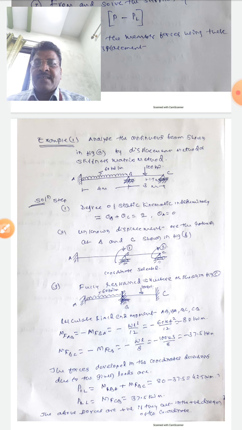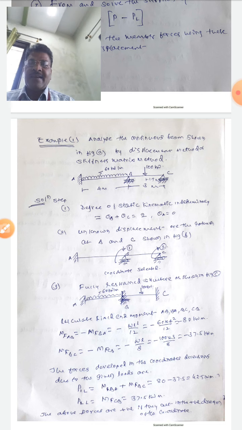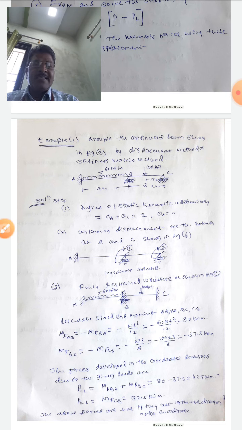As per the procedure of the stiffness matrix method, first of all calculate the degree of indeterminacy. In this given problem, A is fixed, so there is no rotation. B is a roller support, so rotation is possible, and C is also a roller support, so rotation will also take place.